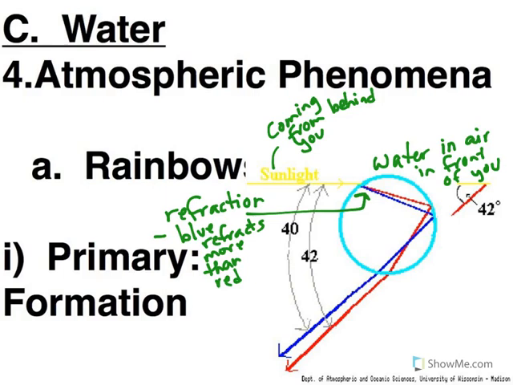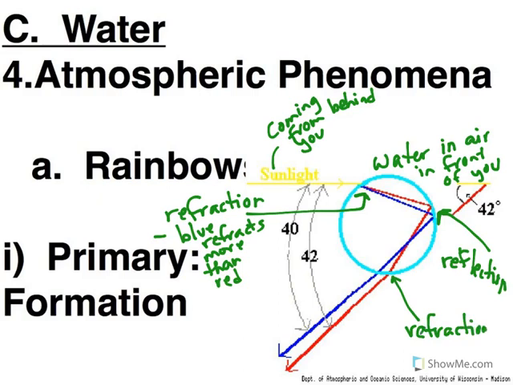Then it hits the back of the water droplet. There you get reflection. Then it comes out of the water droplet. You've got some more refraction. And again, the blue is going to get bent more.